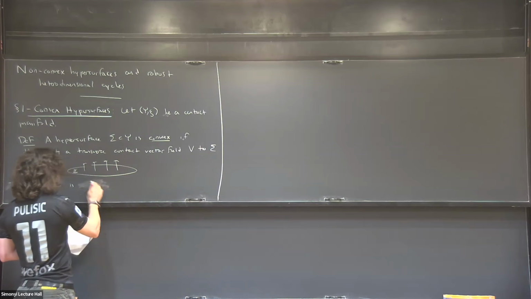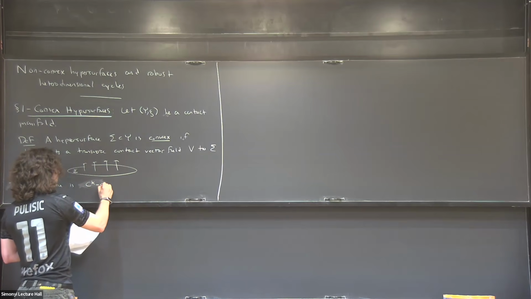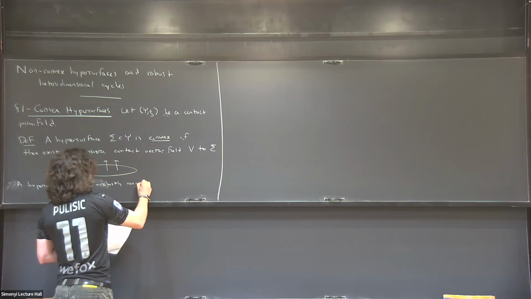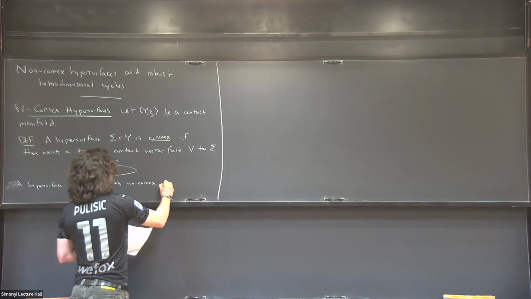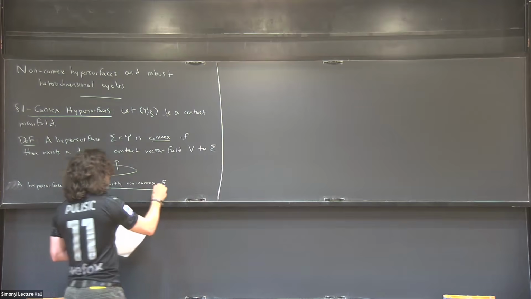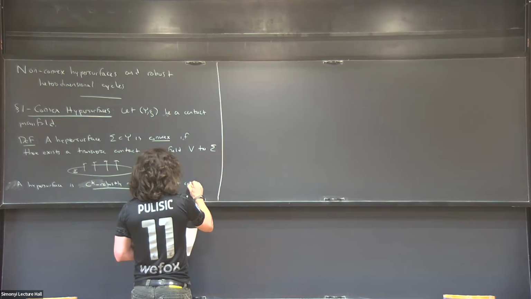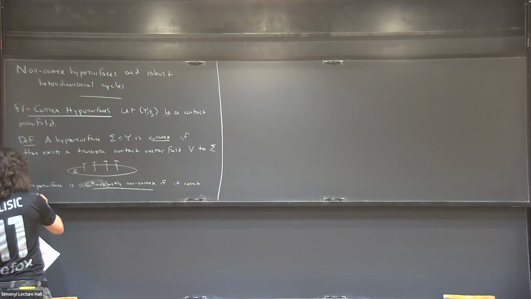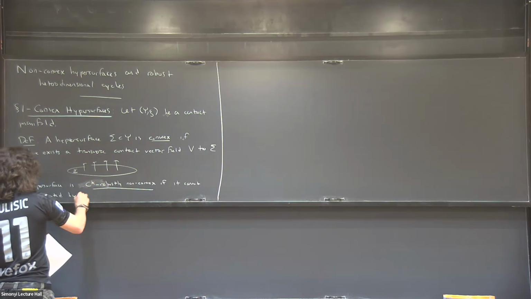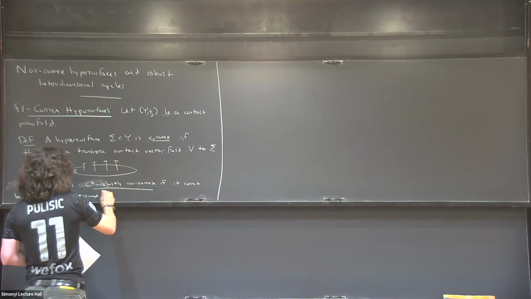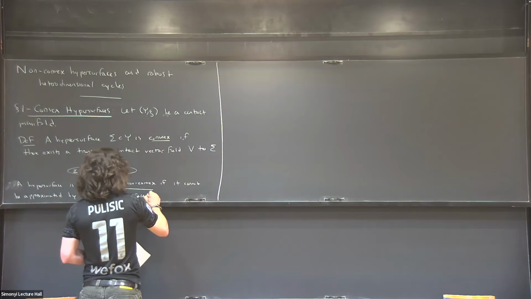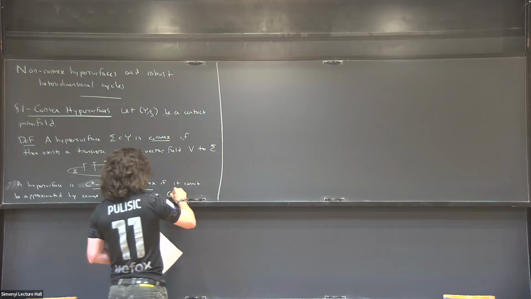Maybe I'll add an adjective here, which is C^k robustly non-convex, if it cannot be approximated by convex hypersurfaces in the C^k topology.